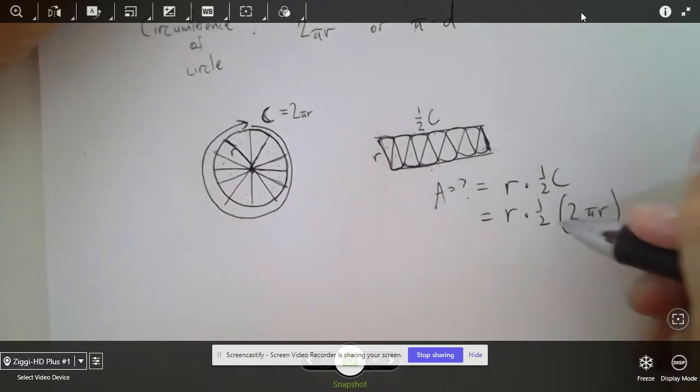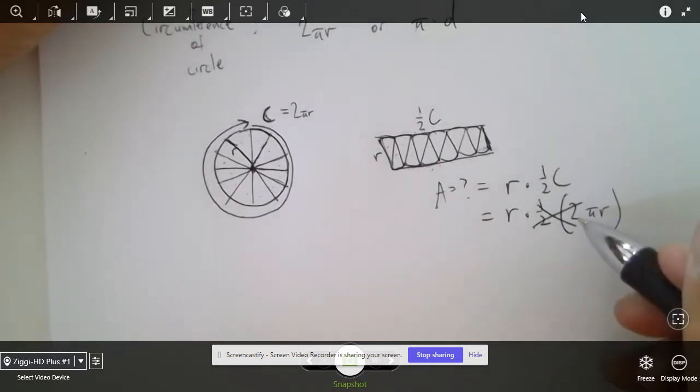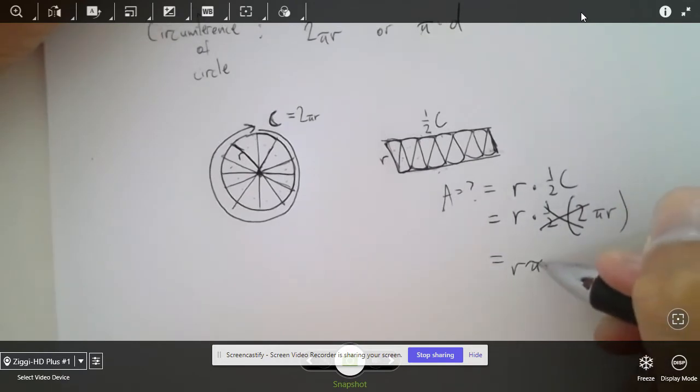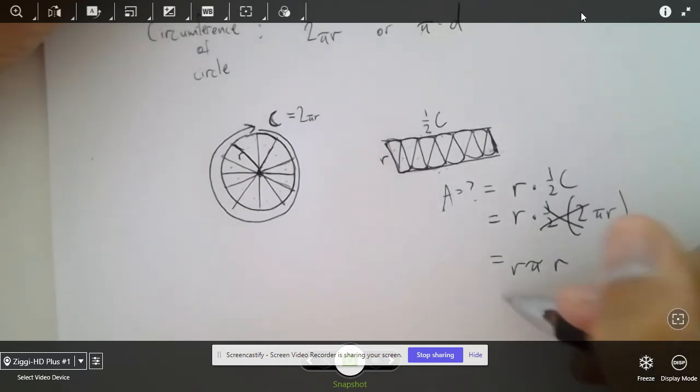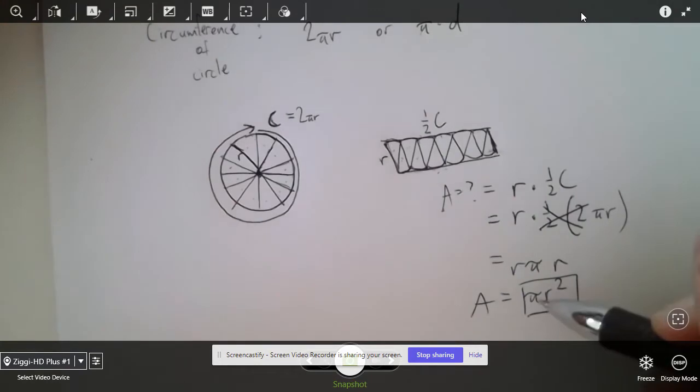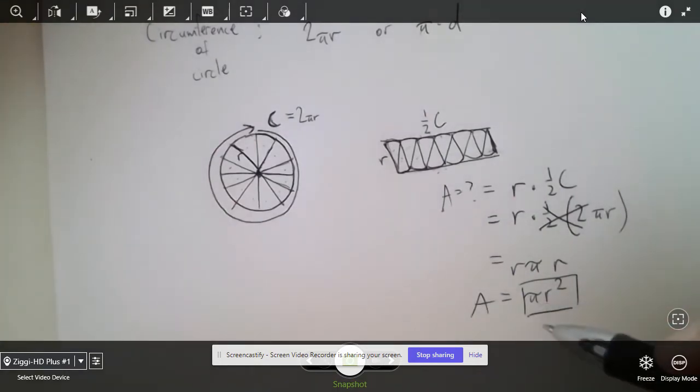And if you look here, the 1/2 and the 2 cancel out, and you'd be left with r times pi times r, which, not coincidentally, is pi r squared. Okay, so that's the derivation for the area of the circle. That's where we get the area of the circle.